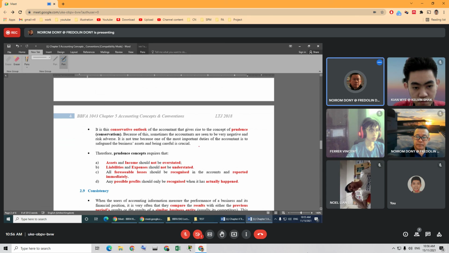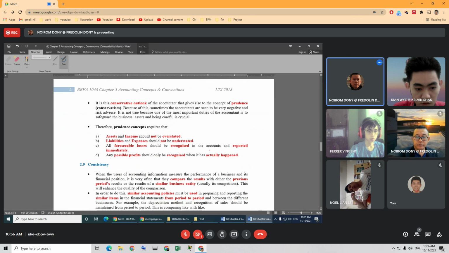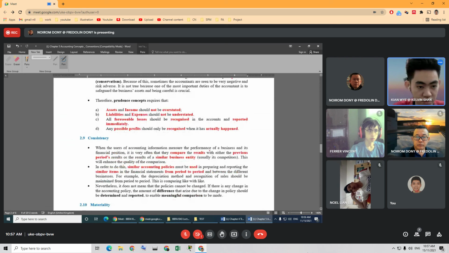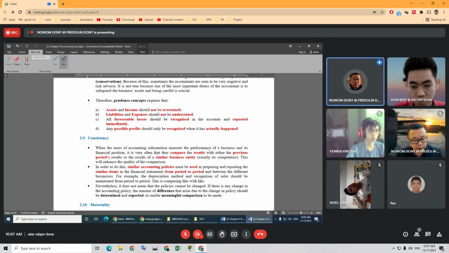Can you get the concept? Suddenly we have to decide whether we provide this item in the financial statement. Let's say we have, for instance, bad debts. Bad debts means a confirmed trade receivable not able to make payment. Do we provide it in the financial statement?